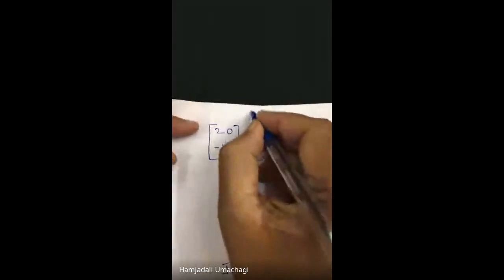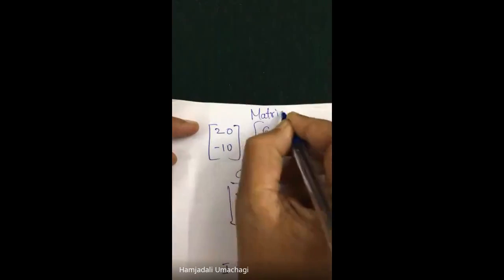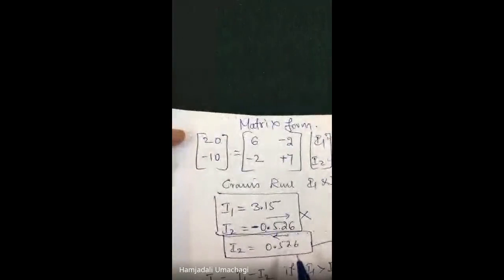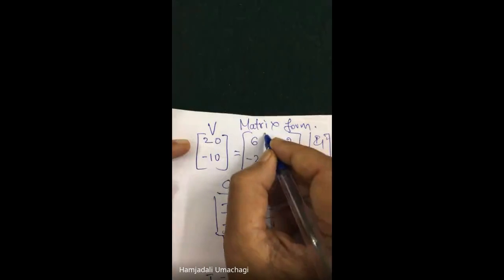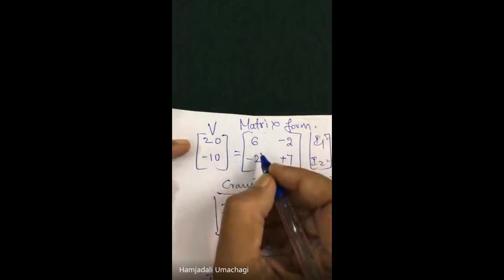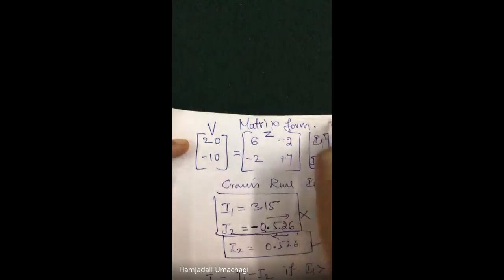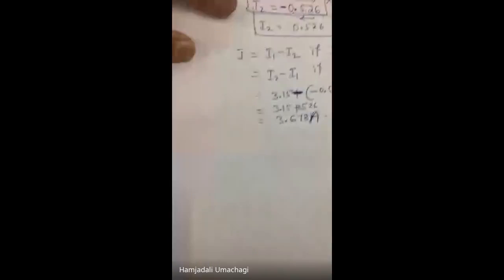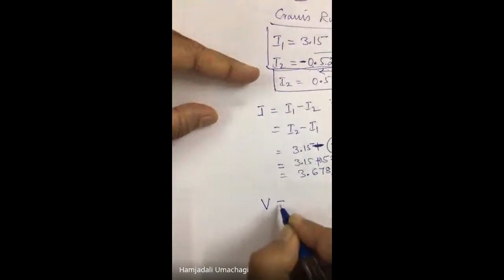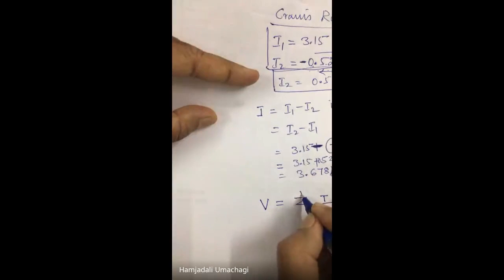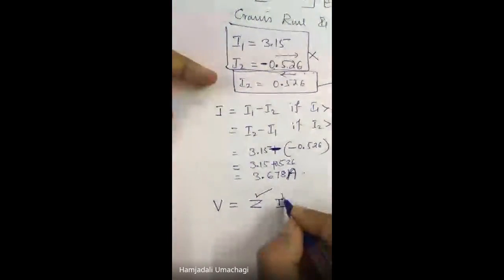Now this is expressed in matrix form. This is the voltage vector. This is resistance, or rather resistors are impedances. This is current. So in this fashion, V equal to Z matrix times the current vector.